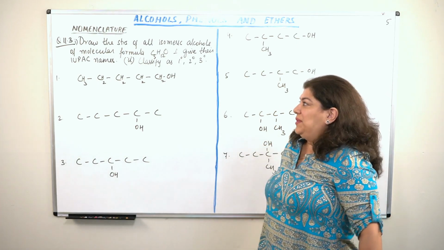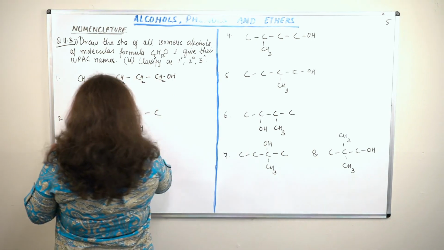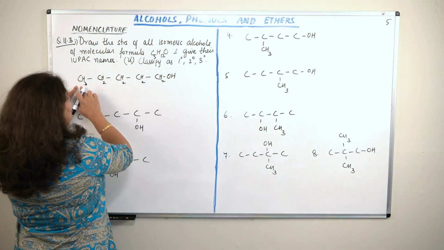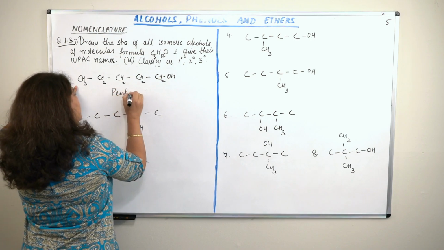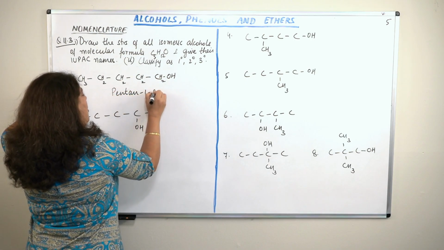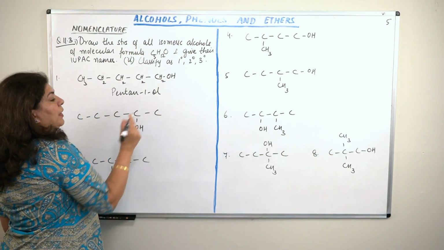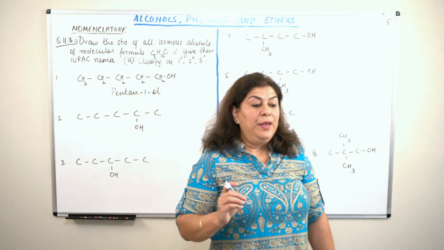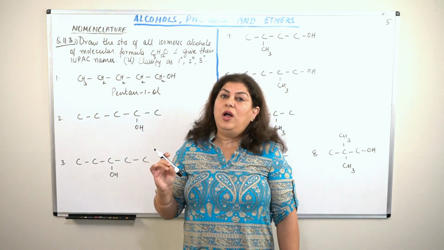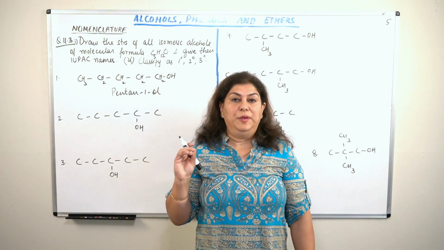Let us now name them. What would be the name of this compound? Word root 1, 2, 3, 4, 5, it is pentane, 1-ol. The alcoholic group is on the first carbon. Now, which is a primary alcohol? A primary alcohol is one in which the alcoholic group is attached to a carbon which is attached to only one other carbon.